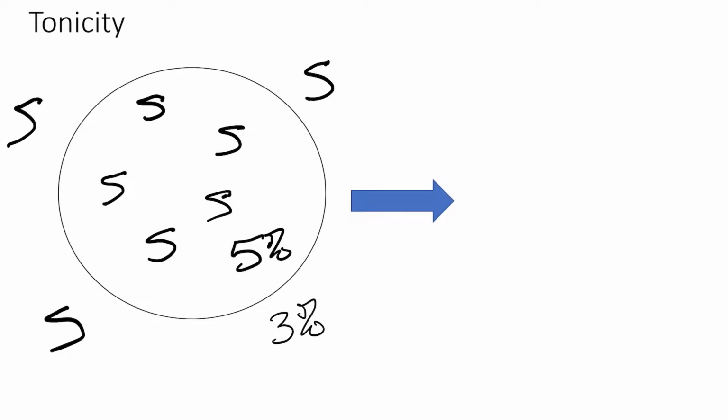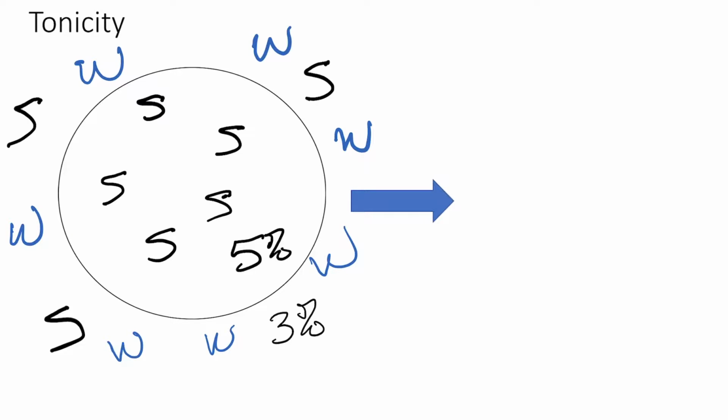In this instance, the water, instead of leaving the cell, the water is much more concentrated out here. We have a higher level of water versus solutes outside the cell than inside the cell. So that means that water wants to rush into the cell. So water is going to rush into the cell to try and counteract that low concentration of water inside.